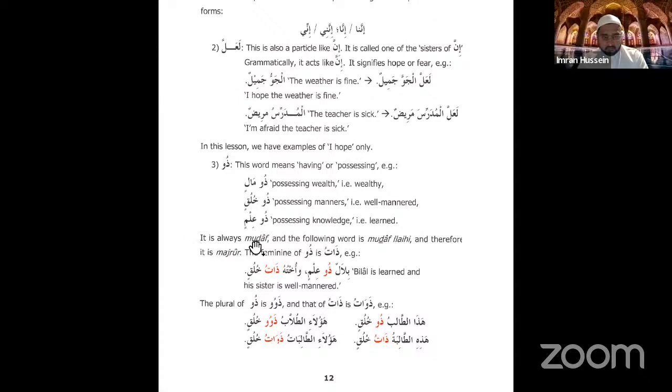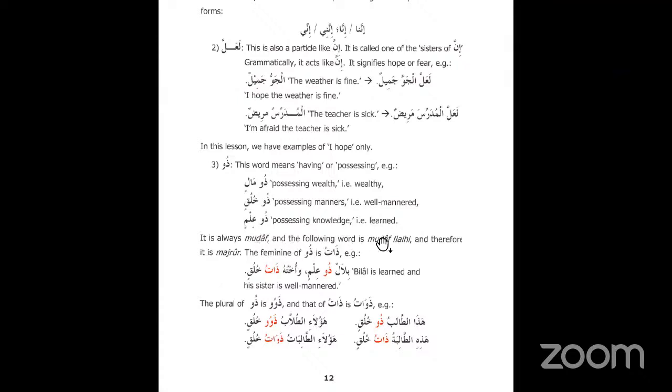It is always mudaf, and the following word is mudaf ilay, and therefore it is majroor. The feminine of zu is zatun. Correct. Zatu, example: Bilalun zu ilmin wa ukhtuhu zatu khuluqin. Bilal is learned and his sister is well-mannered.